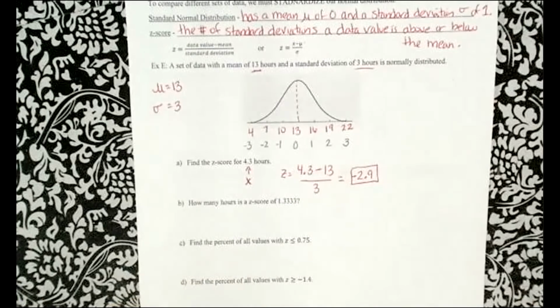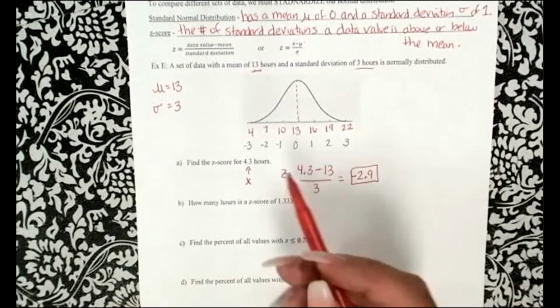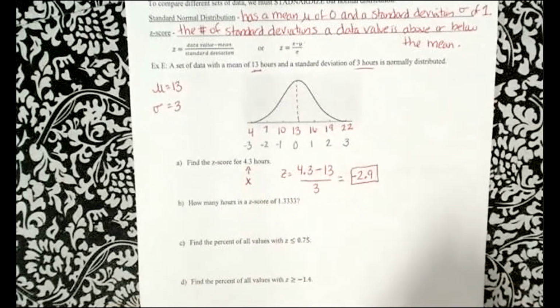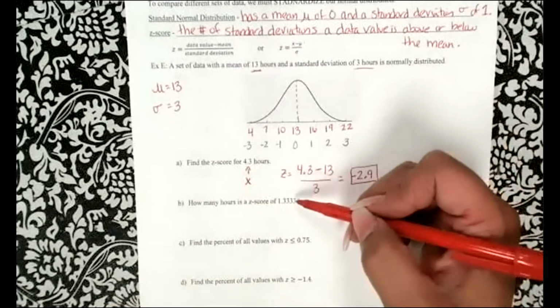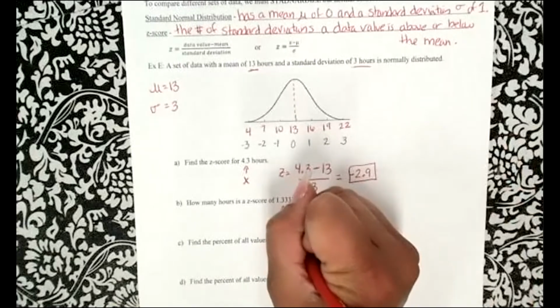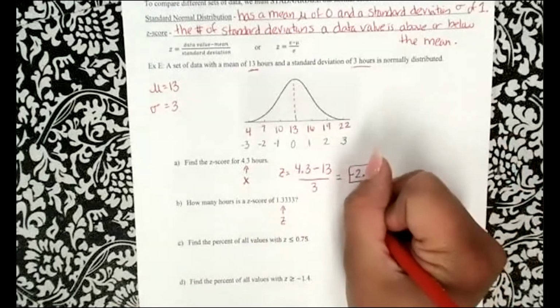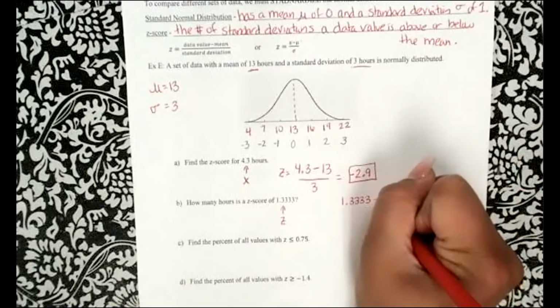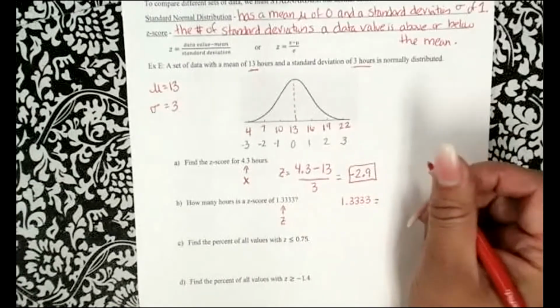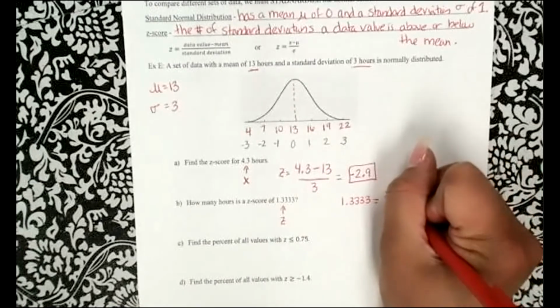On this next one, it says, how many hours is a Z-score of 1.33333? So now I'm looking for the X value. So this is going to be the Z now. I'm going to set 1.3333 equal to, now I don't know what the X is. I'm trying to figure that out.